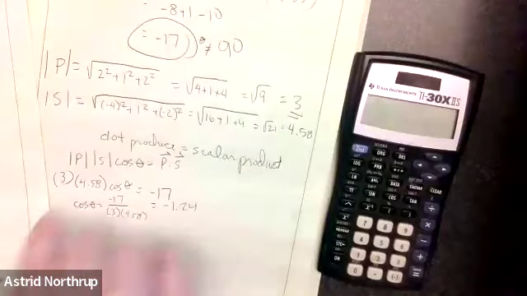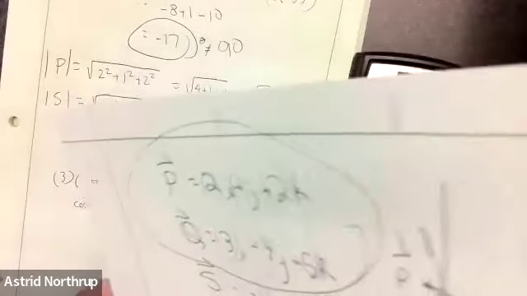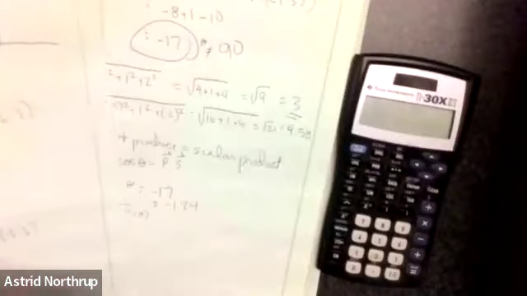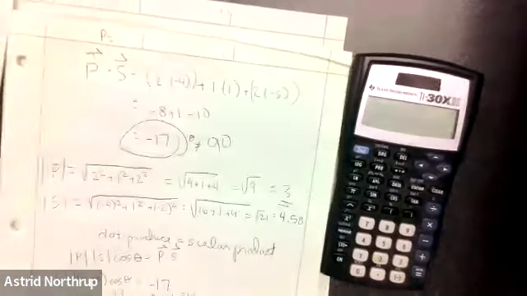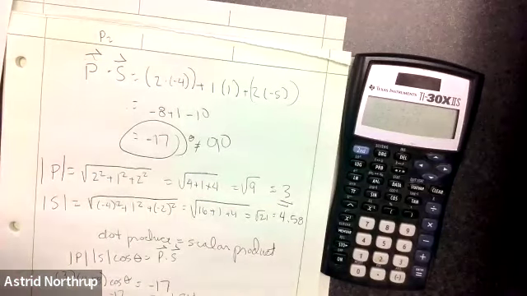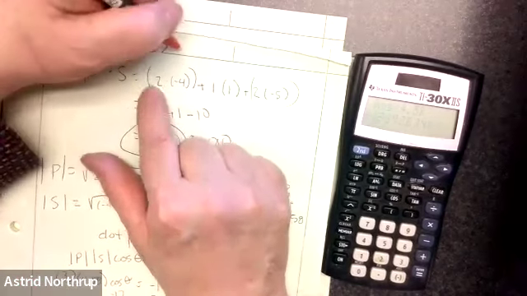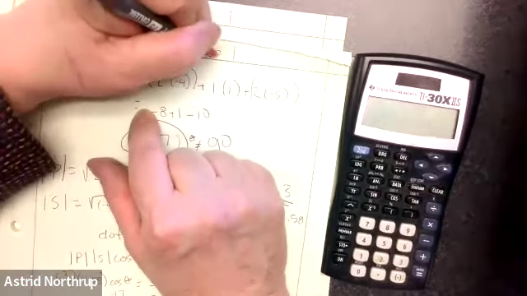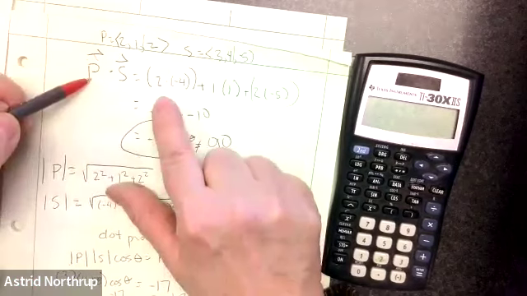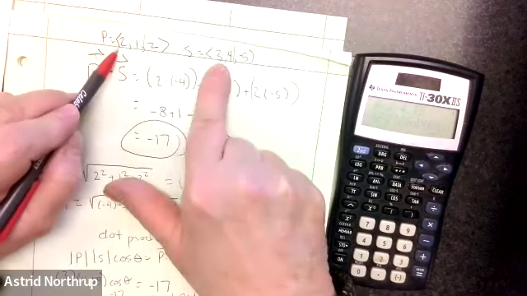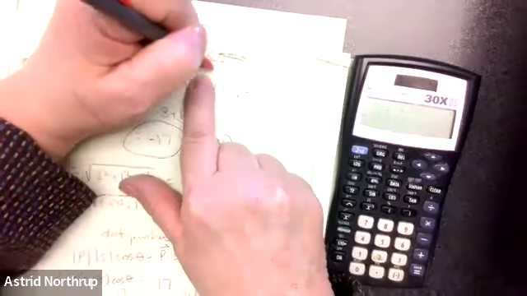All right, let's make sure I wrote my vectors down correctly and consistently. P is 2, 1, 2, and S is, see, I picked up the wrong vector here.